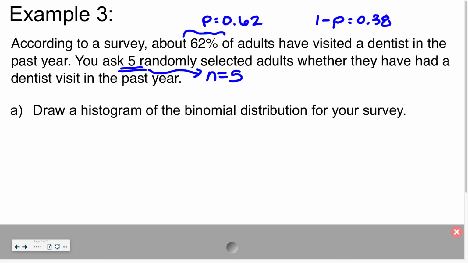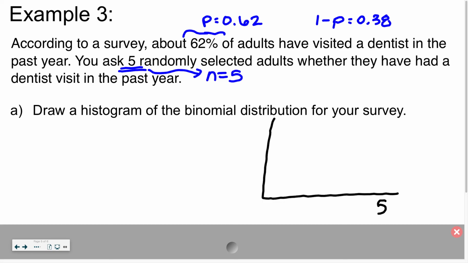Then this is asking something different. It's asking for the histogram. Remember, the histogram is our little chart. We put all of our outcomes on the horizontal axis. What's possible when I talk to those 5 adults? Yes or no? Out of all 5, what could happen? 100%, all 5 of them went to the dentist?